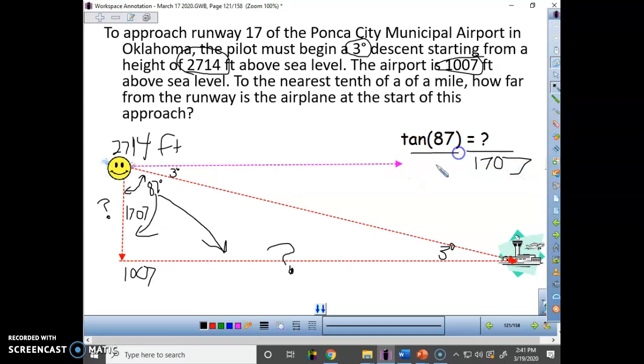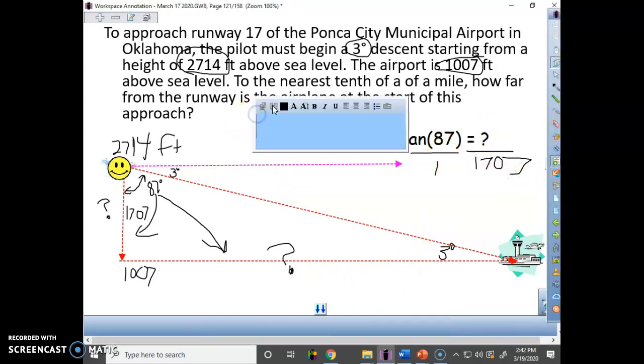We'll set it up, cross multiply, divide: 1,707 times tan 87 is equal to 32,571.5 feet, and that is in feet.